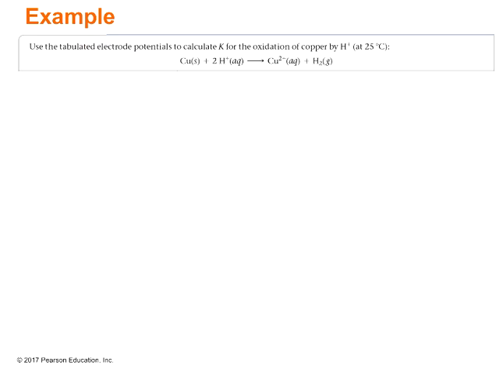All right, so we've got an equation here where copper is reacting with two hydrogen ions to produce copper ions and hydrogen gas.